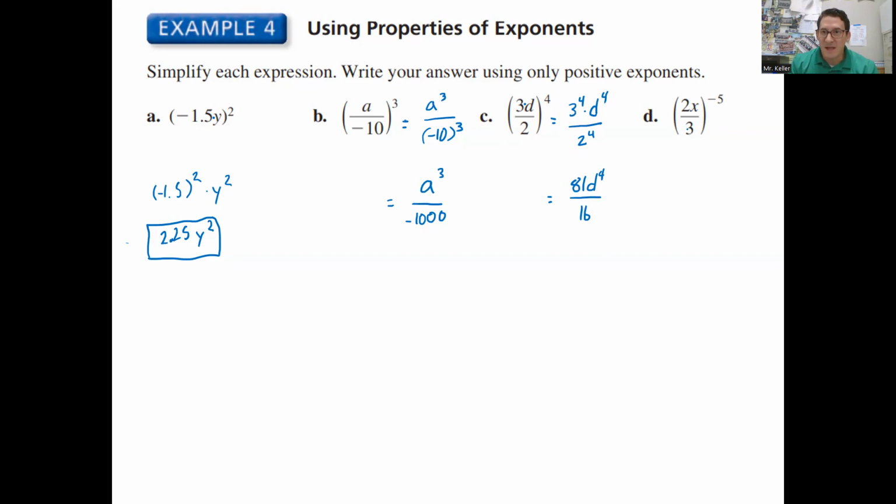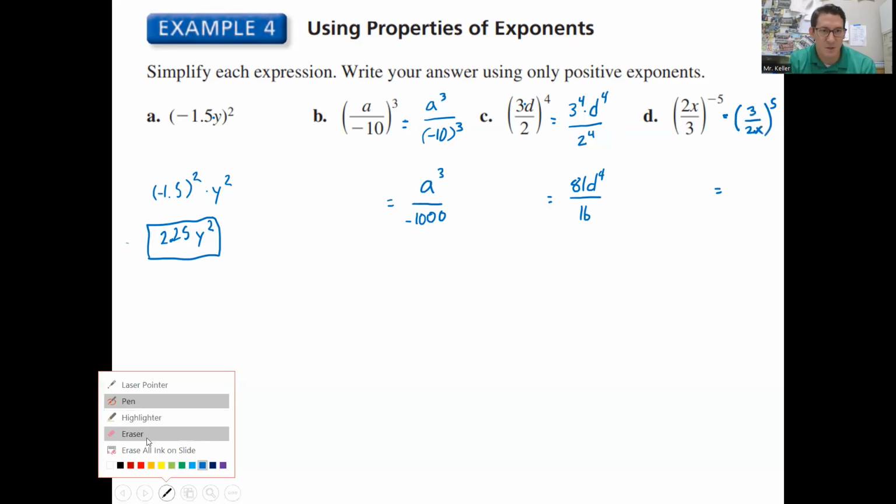This one here again. Actually, I'm going to make this a little bit easier. I'm going to take care of the negative exponent first. What I'm going to do is flip the fraction first. So it's going to go 3 on top, 2x on bottom, and then the 5 becomes positive. So it flips the fraction, the exponent becomes positive.